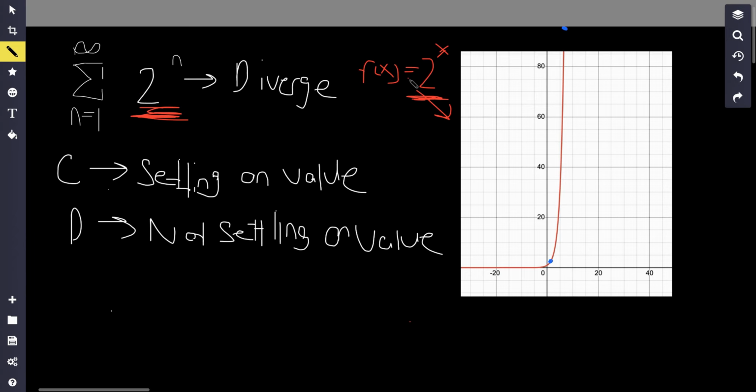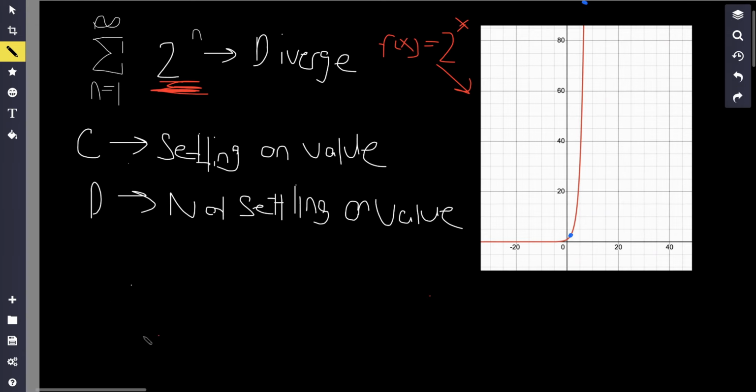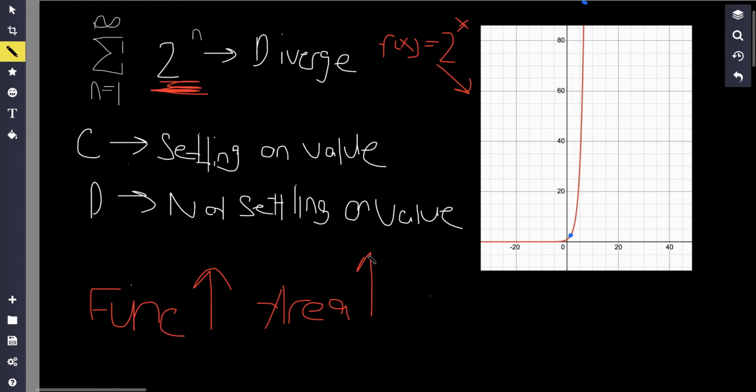As my values approach infinity, if I try to take the area underneath this curve, it's also going to approach infinity. If my function is increasing at all times, that means the area underneath the curve is going to approach infinity.